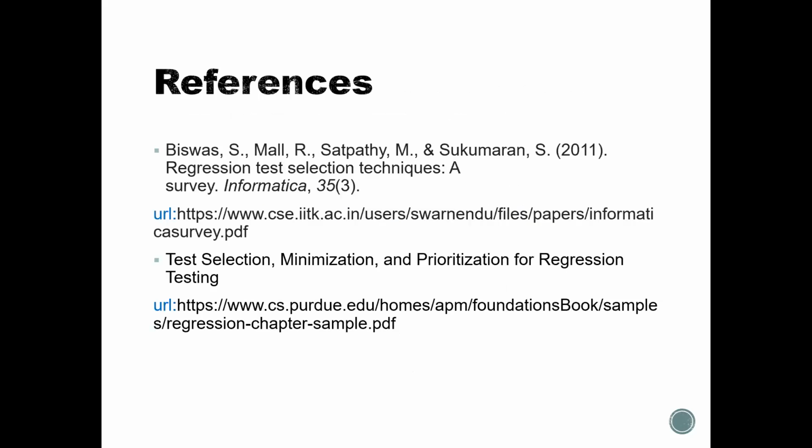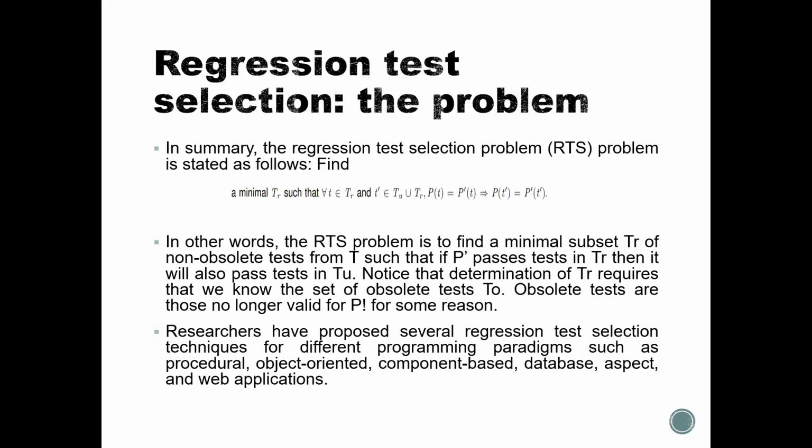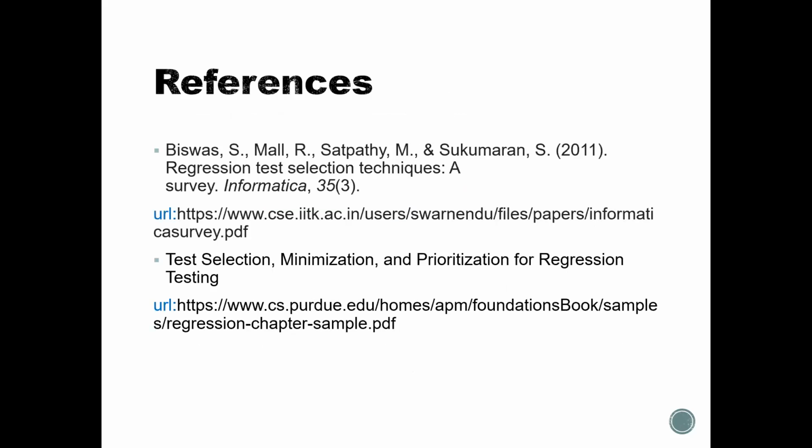So these are some of the references where you can go through and find the regression test selection problem in more detail. You can also go through the procedural, object oriented, and component based techniques in these references, because I have just given you an overview of how these things work.